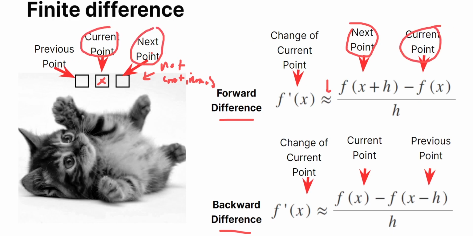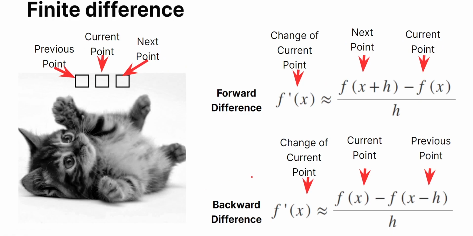The basic idea is we're using the current point and the next point to calculate the derivative. Another way is to use the previous point, which is right here, with the current point that we are estimating, and we can calculate the actual change in that direction.